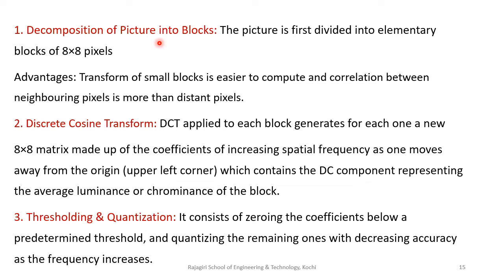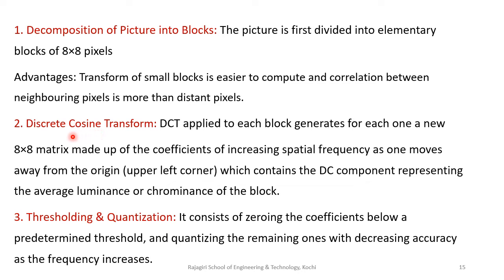The first step is the decomposition of picture into blocks. That is, the picture is first divided into blocks of size 8x8. The advantages of block processing are that the transform of smaller blocks is much easier to compute, and the fact that correlation between the neighboring pixels is much more than distant pixels.